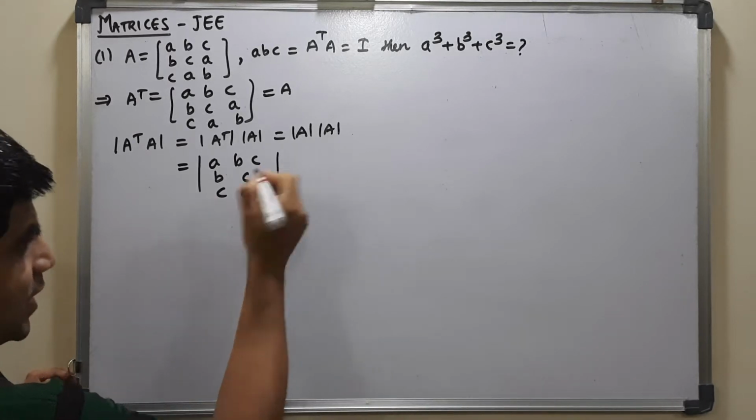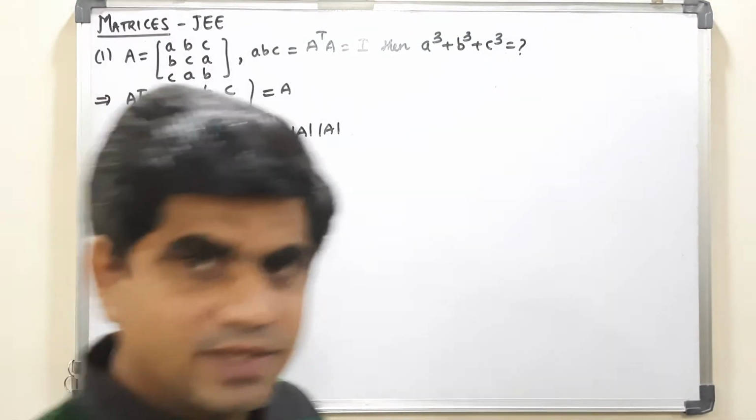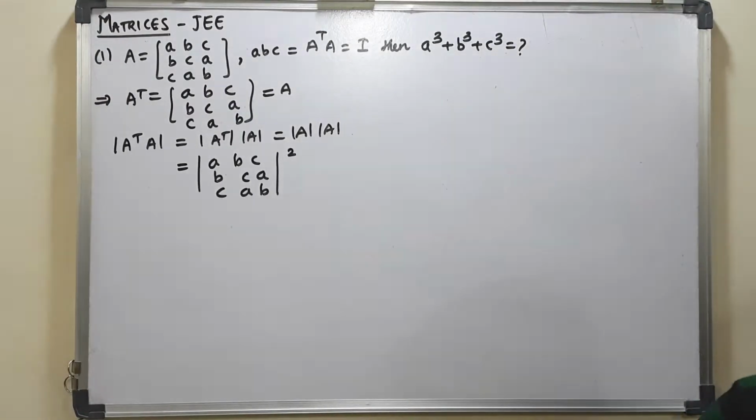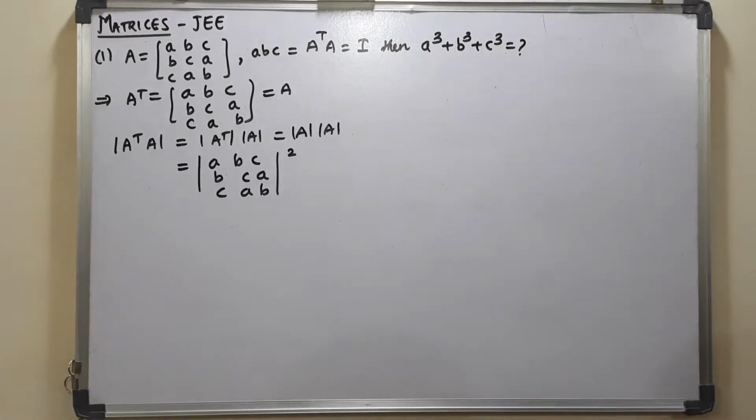Okay, the determinant value of this, the whole square, because determinant is a value, so you will get square of it. Let us actually get what value we will get.